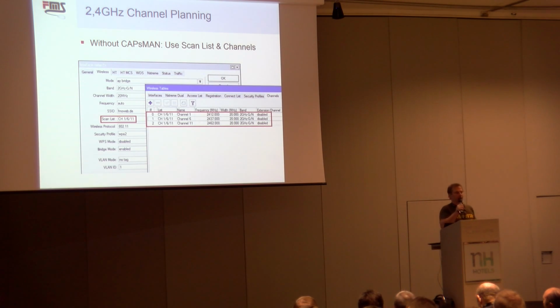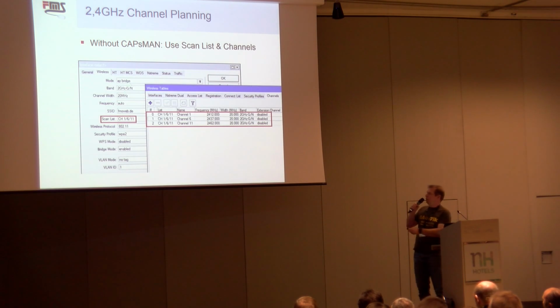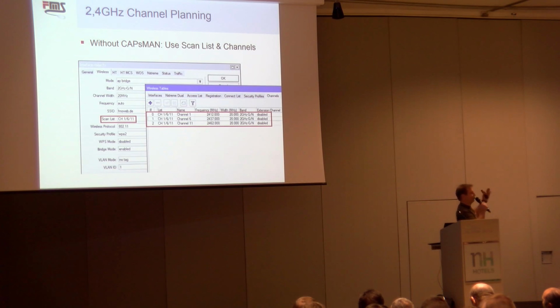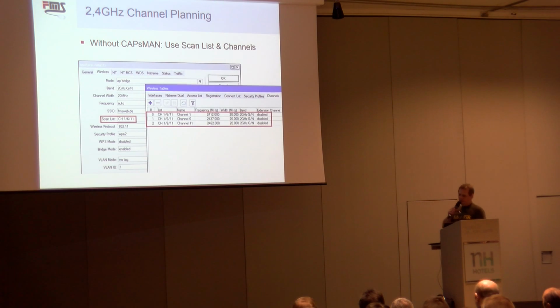After you did create this channel list, you can simply use it as a scan list. And even if you stick to auto frequency, your access point will only select from these 3 channels. So you forced him into that traditional 1, 6, 11 scheme.